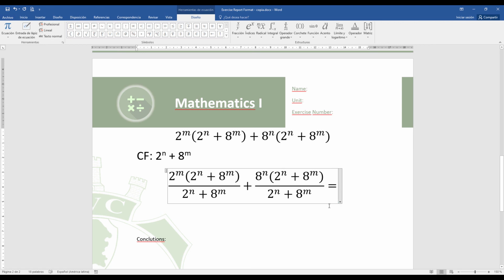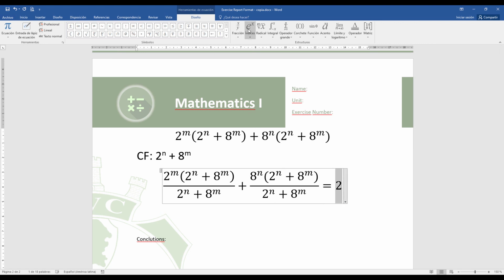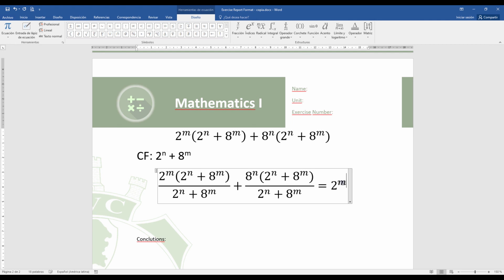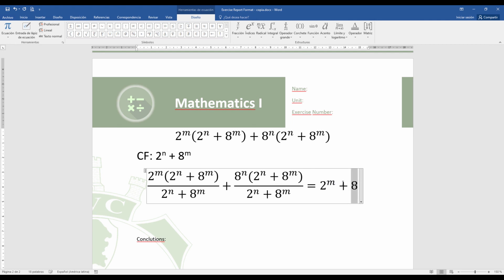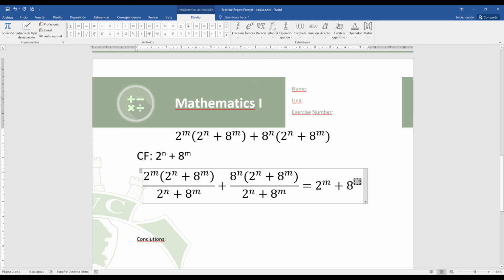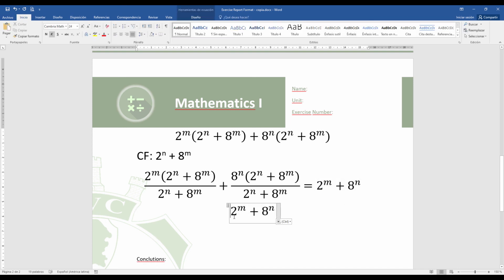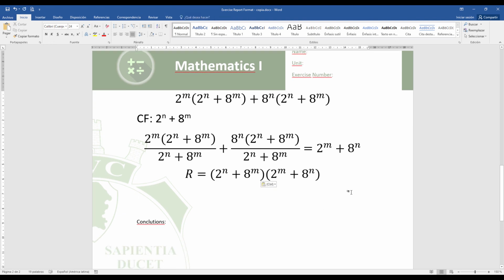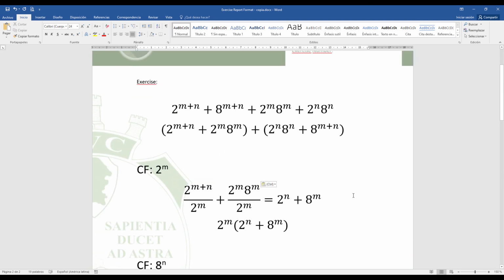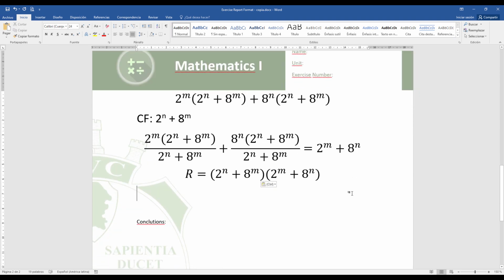And the result is 2 raised to m plus 8 raised to n. So the result of that factoring is the common factor multiplying the result of that division. I know that that kind of exercises are so long because they have so many steps and you need to factorize 3 times, but you need to do that.